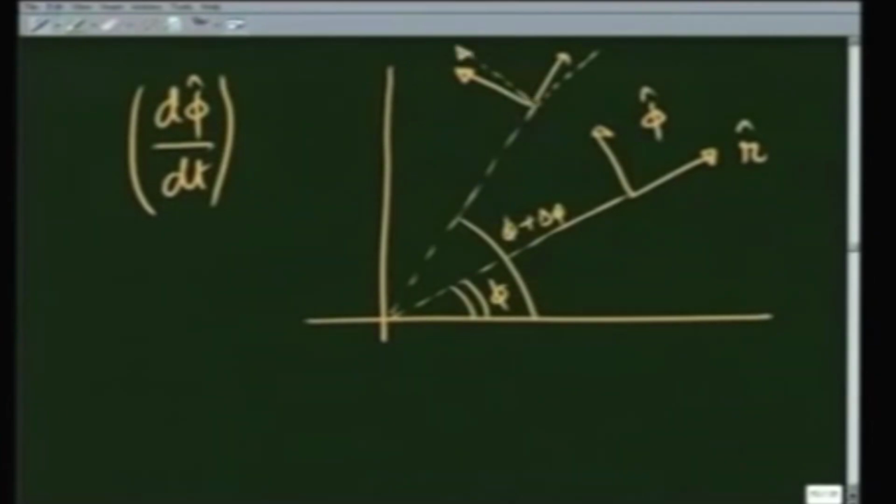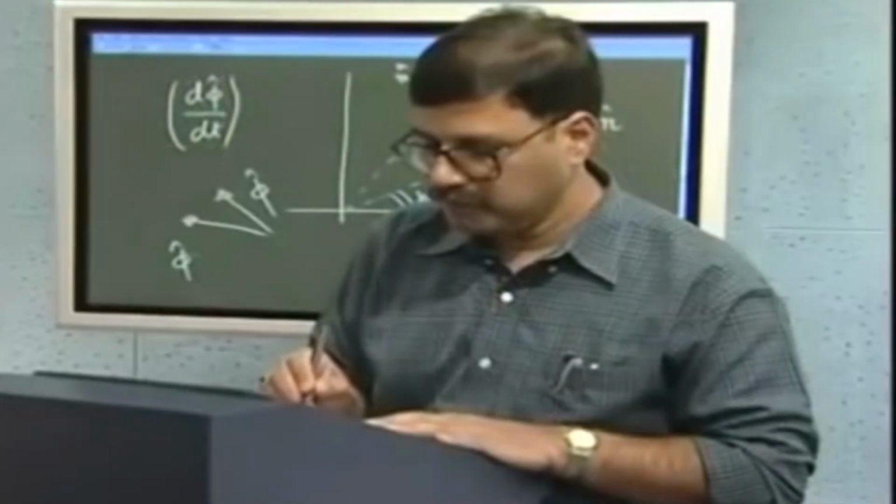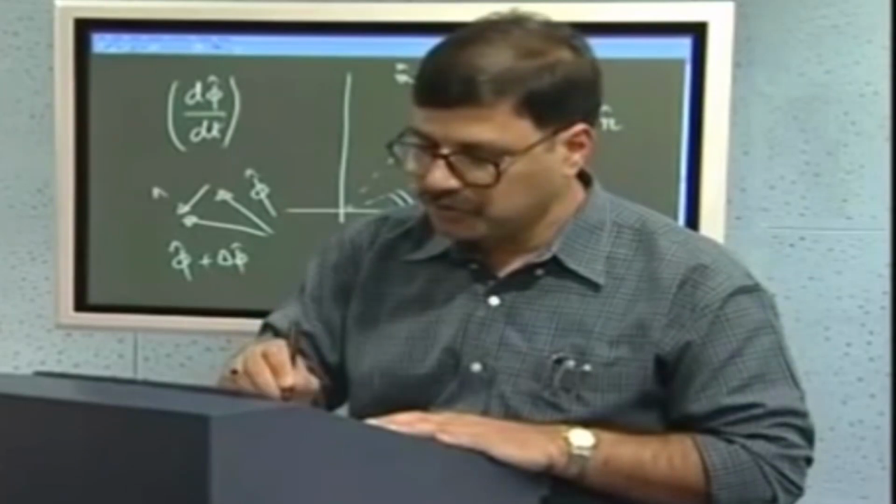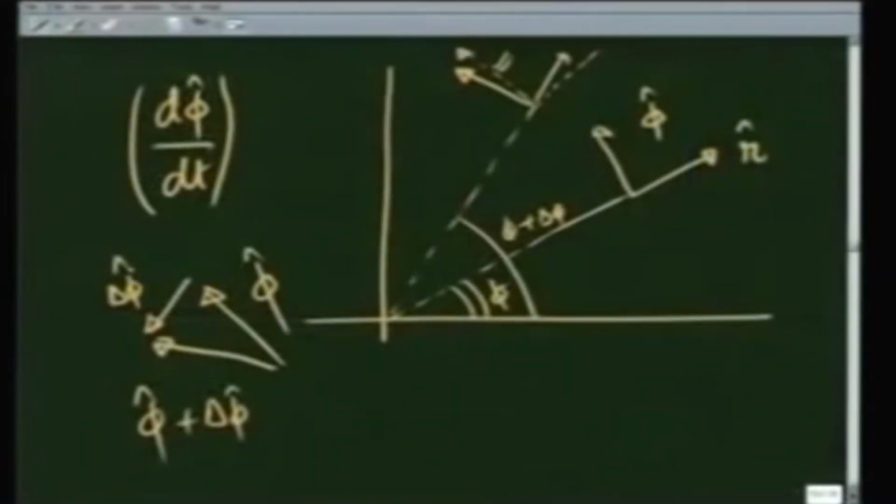This was my original phi. So, original phi was something like this, which is this vector, and the new phi is like this, and this is the change delta phi in the unit vector. You can already sense that this is in the radial direction, but pointing the other way.